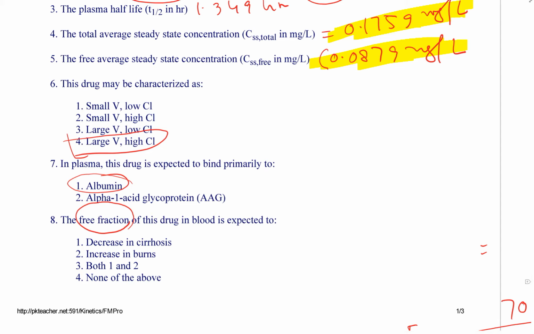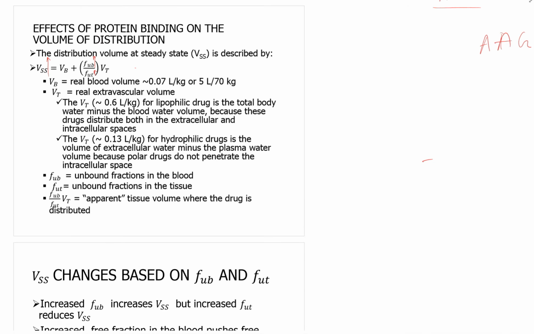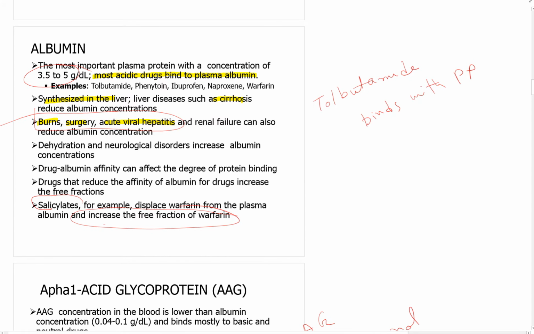If you go back to our protein binding lecture, what happened in the case of liver cirrhosis? Liver cirrhosis reduces albumin concentration. Burn, surgery, and acute renal failure also reduce albumin concentration. So liver cirrhosis reduces albumin concentration, and renal failure also reduces albumin concentration.